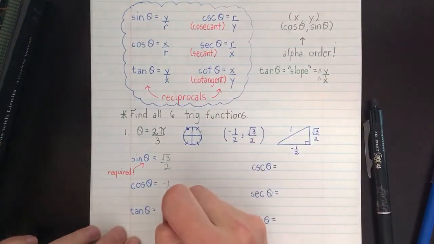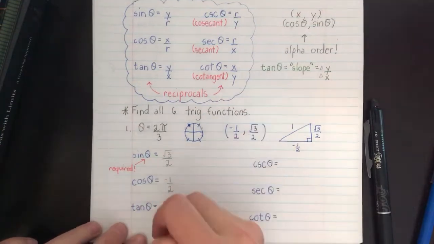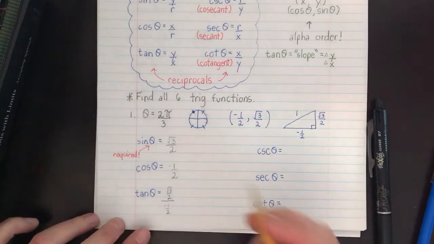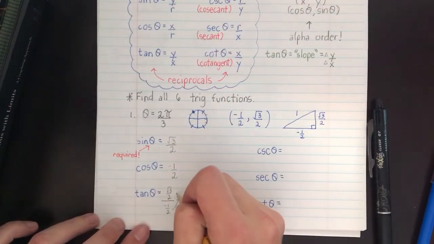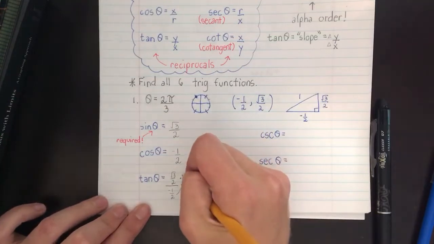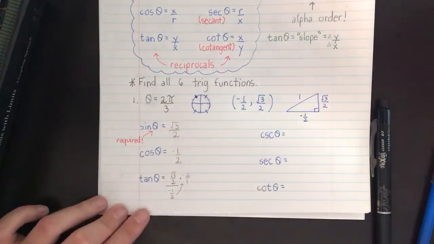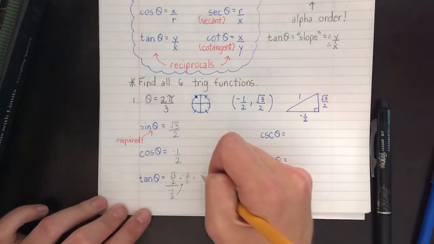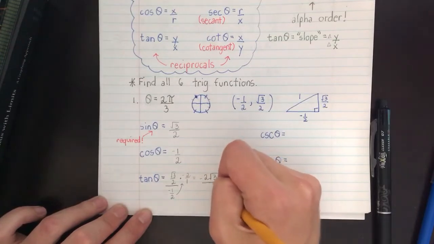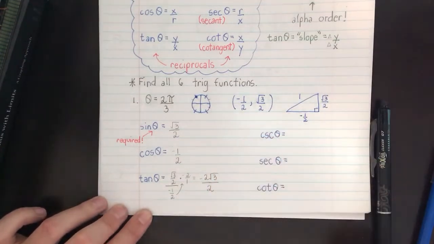So our y is square root of 3 over 2 over x, which is -1/2. Remember, when you have a fraction over a fraction, flip the second and multiply by the reciprocal. So multiply by -2 over 1. So this would be -2 square root of 3 over 2.